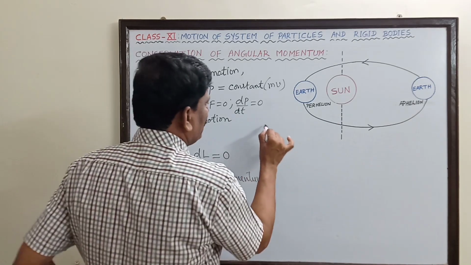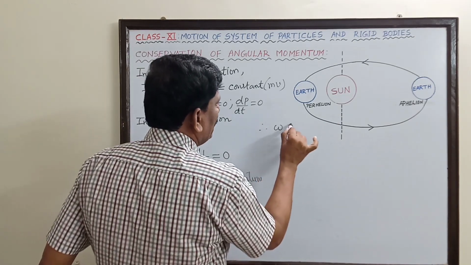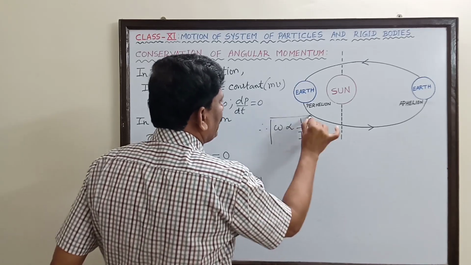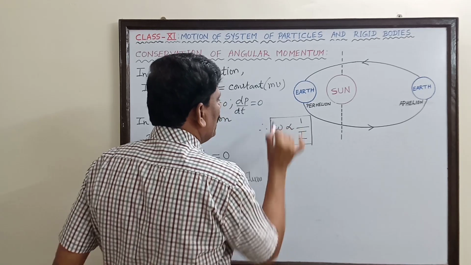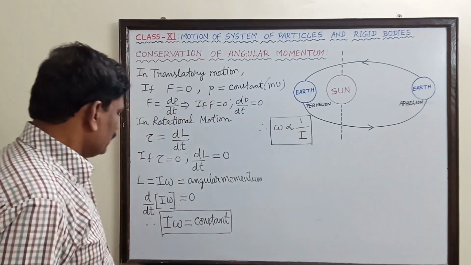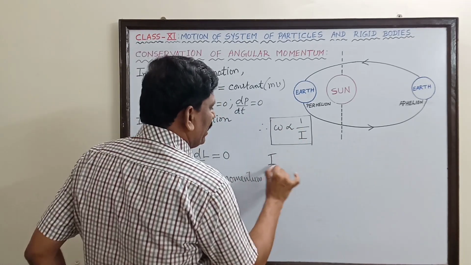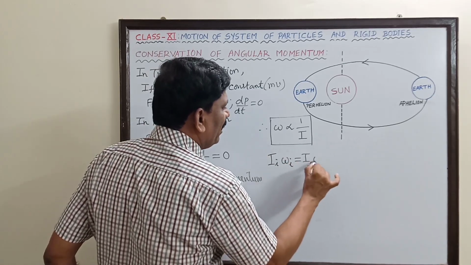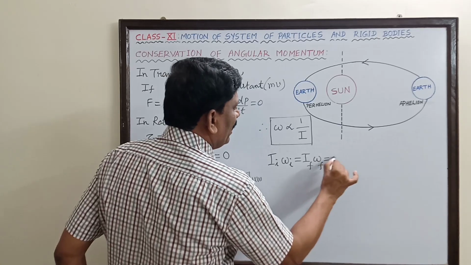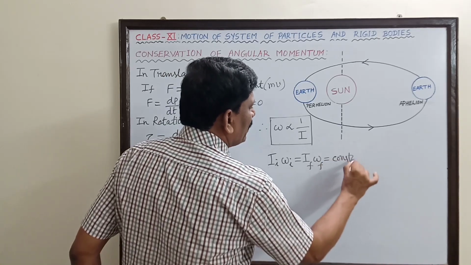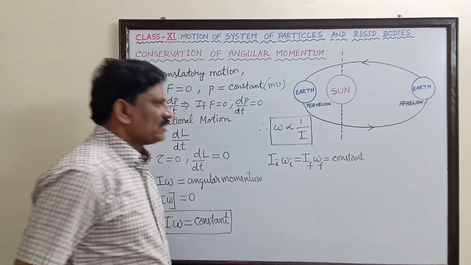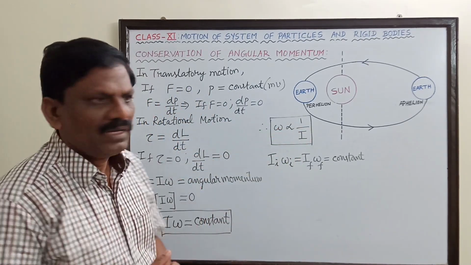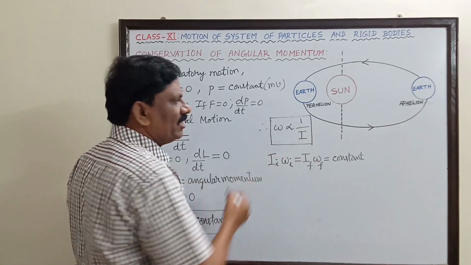Or I can write, therefore, omega is inversely proportional to I. So I initial into omega initial must be equal to I final into omega final, and this must be equal to a constant. What do we mean by this equation?